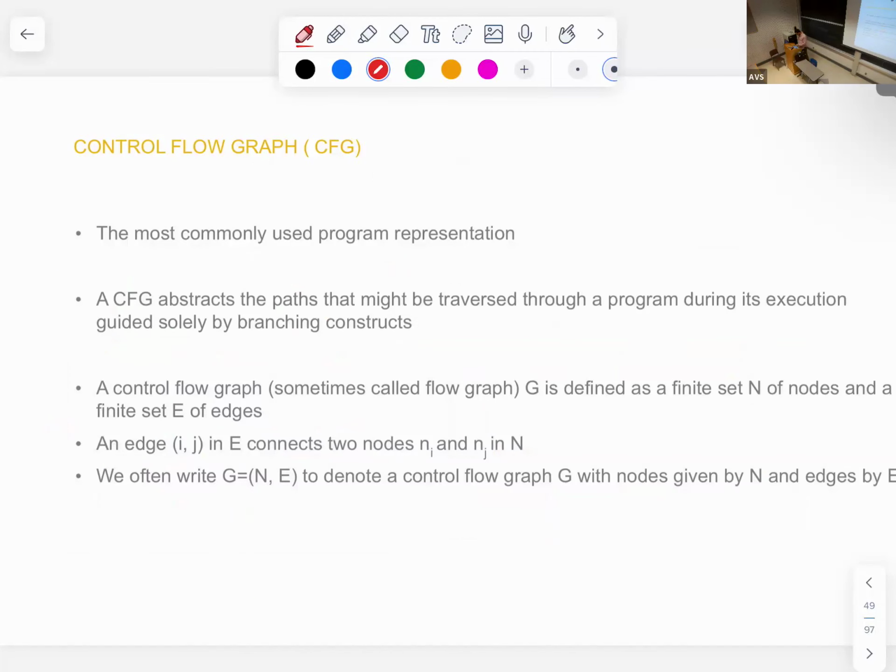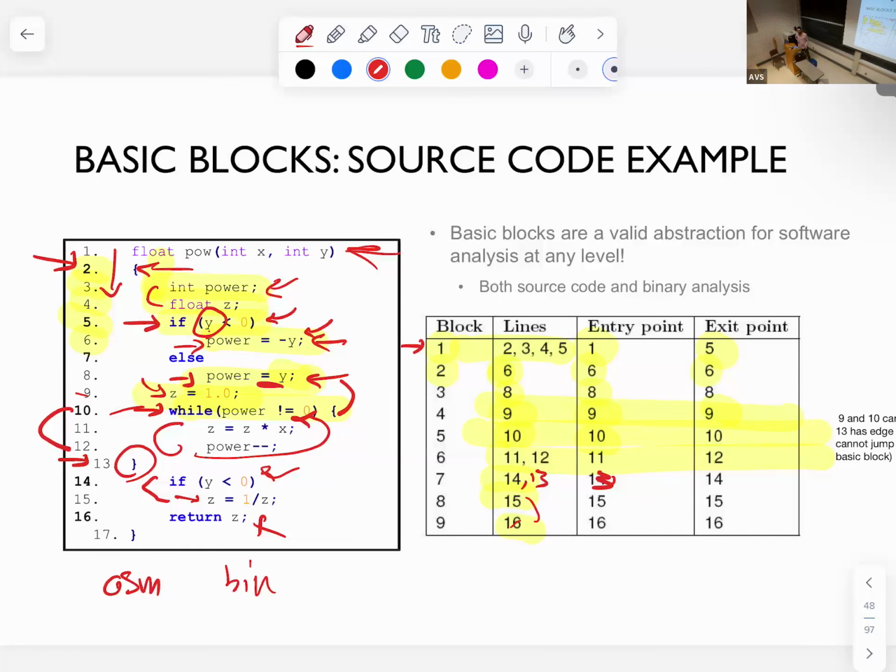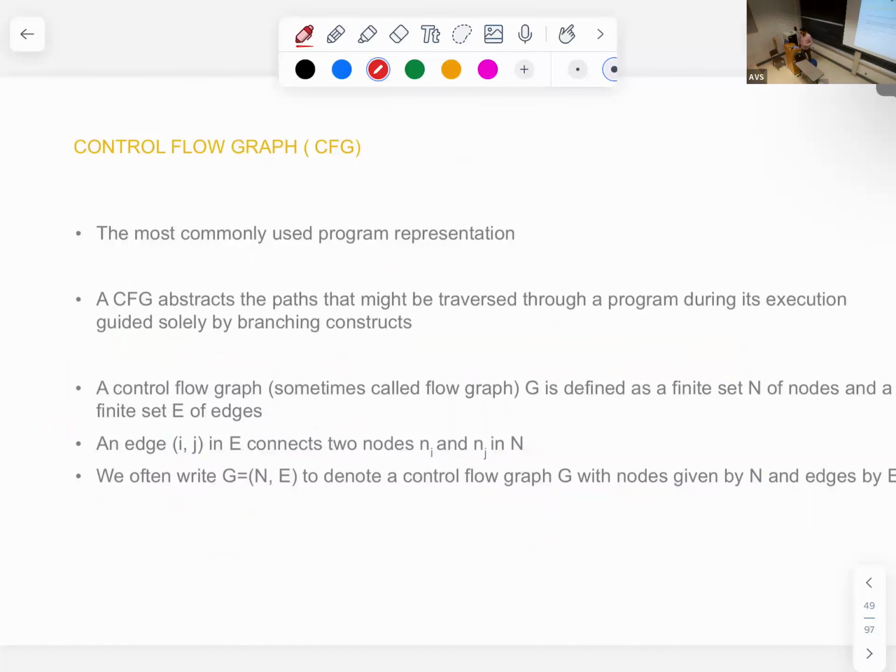So based on this basic block, we're gonna draw what we call a CFG, or a control flow graph. Control flow graph is a very powerful program representation. The idea of CFG is that you draw these basic blocks and you draw the connection between these basic blocks in order to show you the sequence of different paths that the program has.